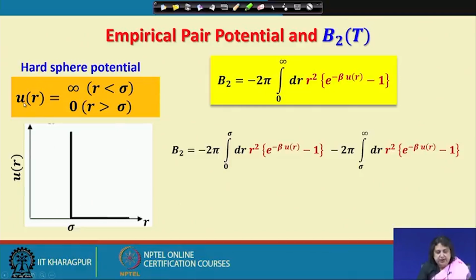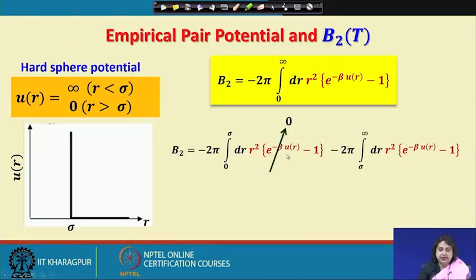Now, because of the kind of behavior u of r gives, if you look into this integrand, what I have is r square into e to the power of minus beta u of r, minus 1. In the limit between 0 to sigma, I know that u of r is infinity. So, this term will become e to the power of minus infinity, which is 0.